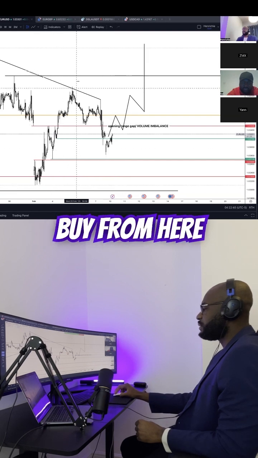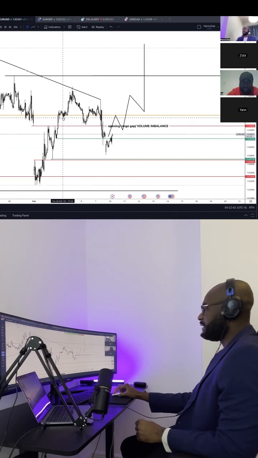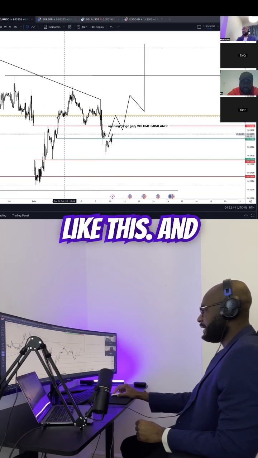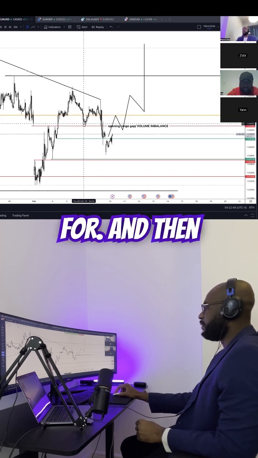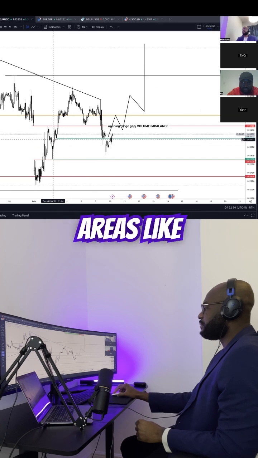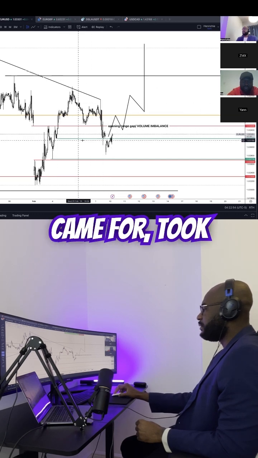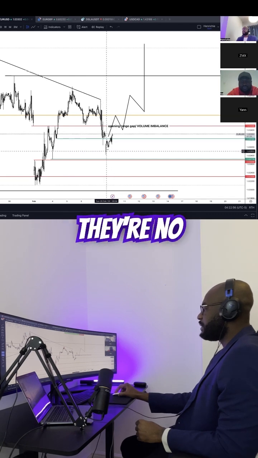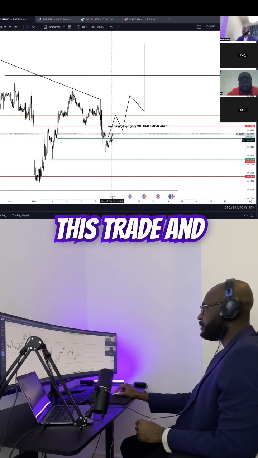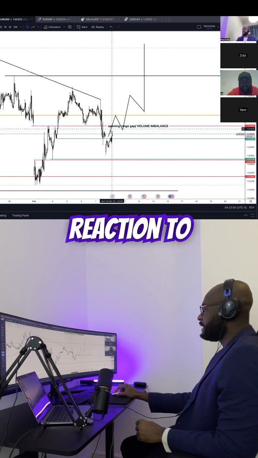Because anyone who was on the buy from here would definitely throw their stop loss to areas like this. And that was the first area price came for. And then the people that trailed the stop loss to areas like this, that was the second area price came for. Took them all out to make sure they're no longer involved in this trade. And now we're seeing a reaction to the upside.